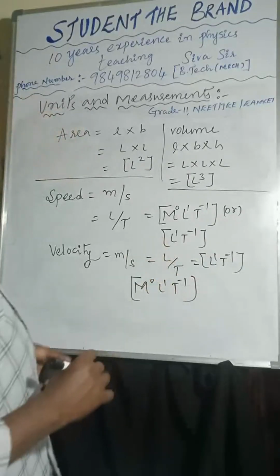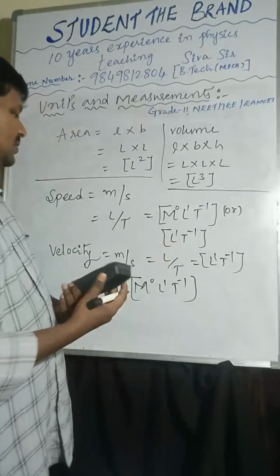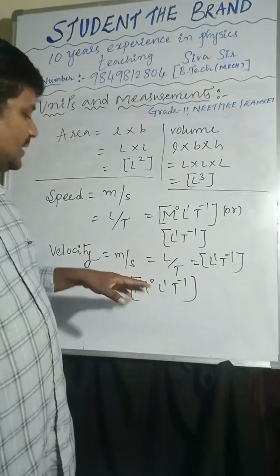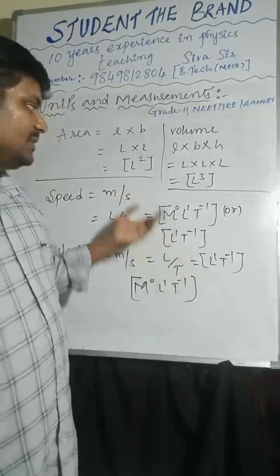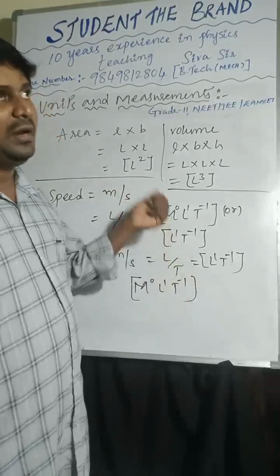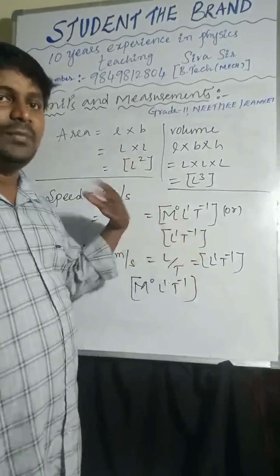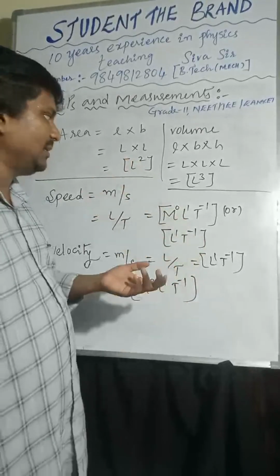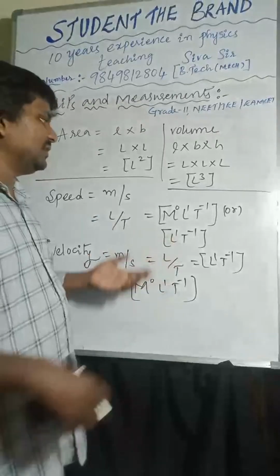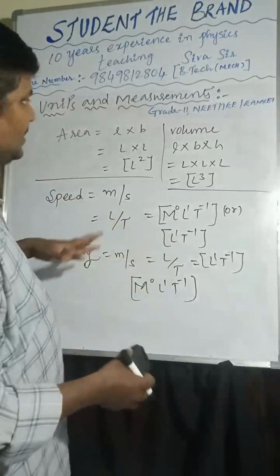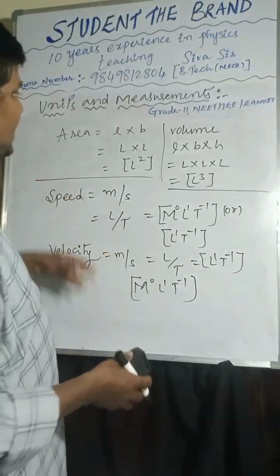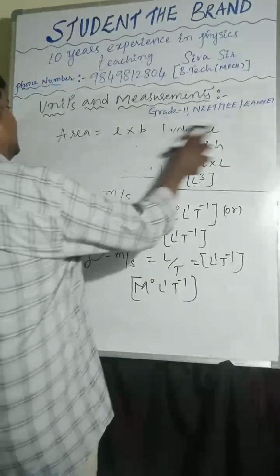This is about speed and velocity, where we can represent the direction. If you see, only the direction is different, remaining everything is same. The dimension formula is same, units are same. So the only difference between speed and velocity is direction.